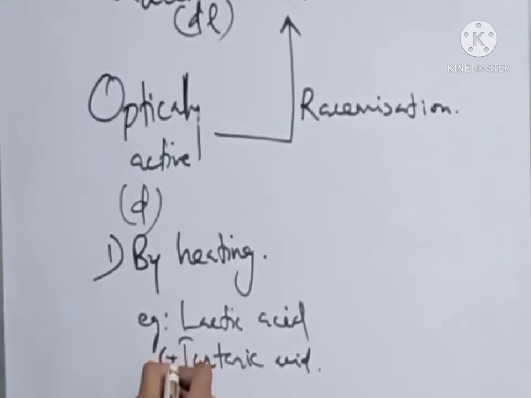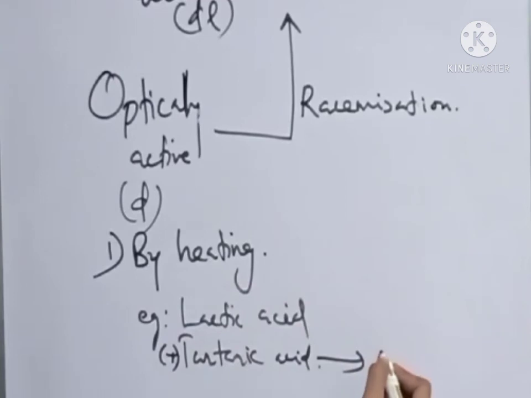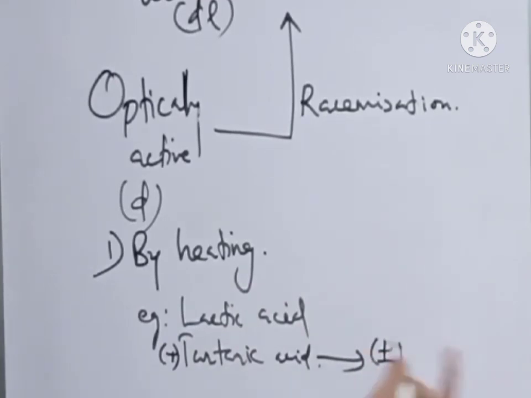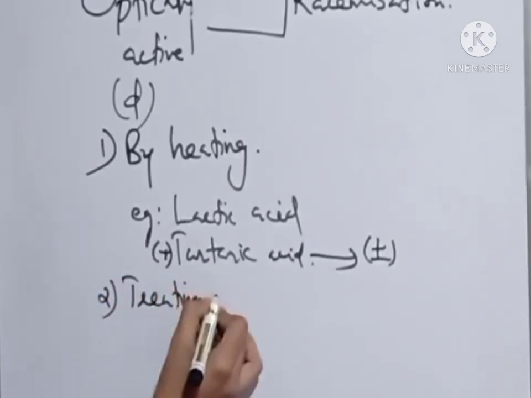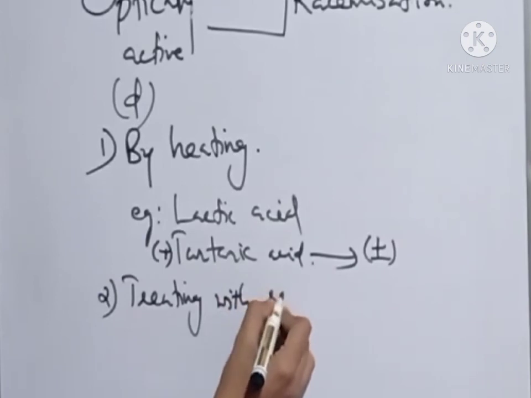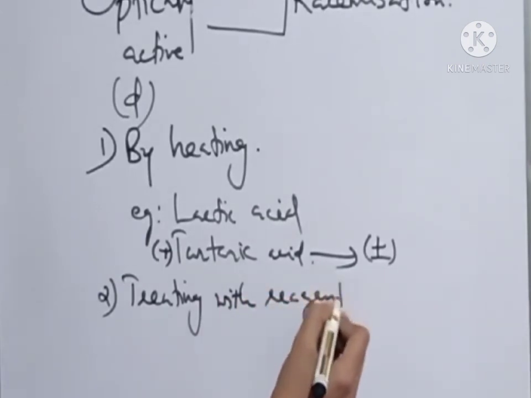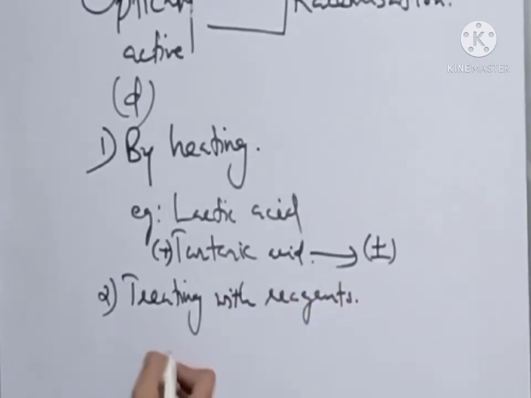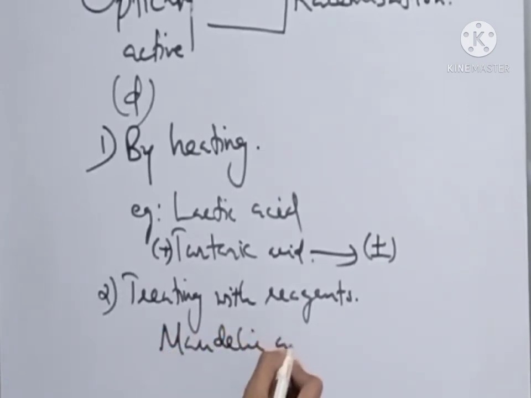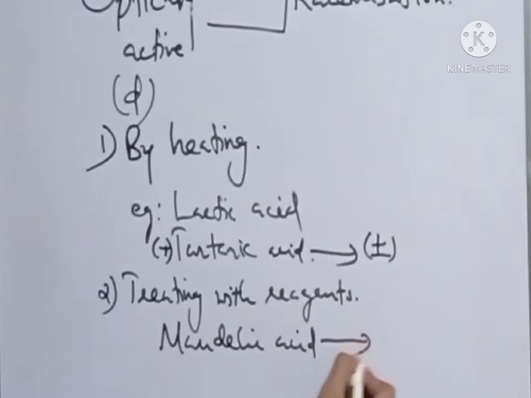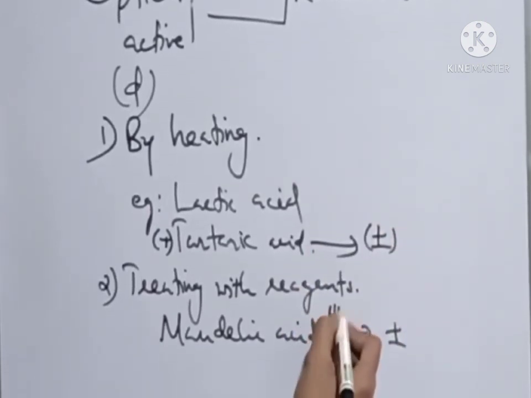That is, if we heat, it will convert into its racemic mixture. And the second process is by treating with suitable reagents. For example, mandelic acid converts to its racemic mixture when it is treated with hydrogen bromide.